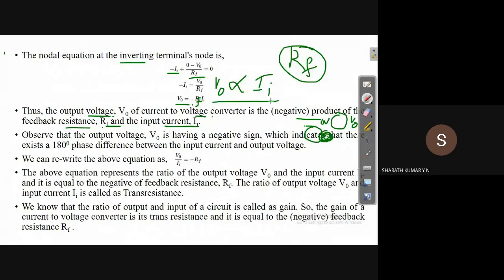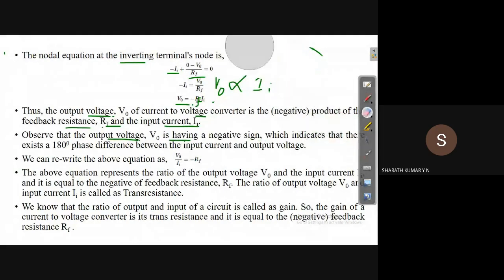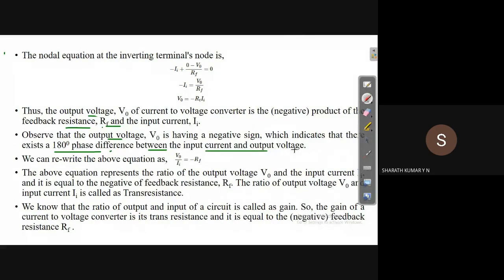So the output voltage is proportional to the input current. The negative sign on V naught indicates that there exists a 180-degree phase shift between the input current and the output voltage. That we already know.